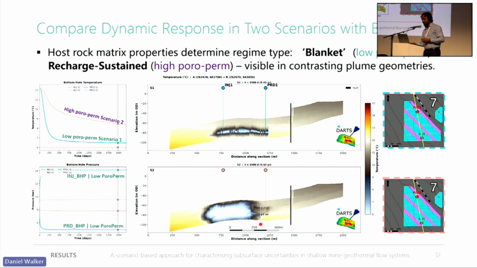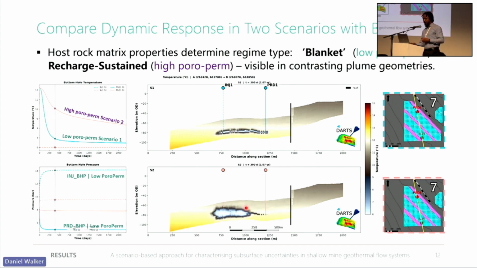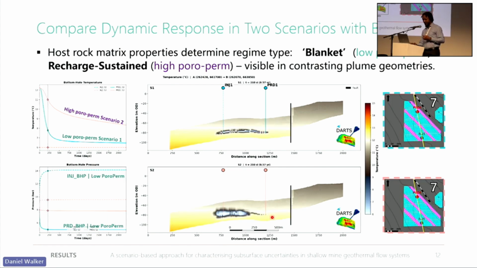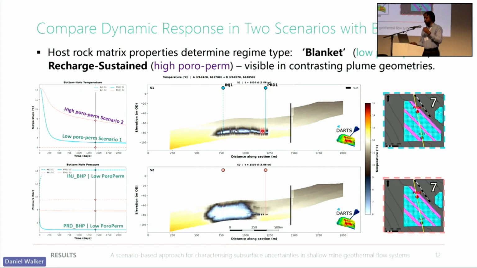And what we see in the lower image here, the scenario 2 high host rock, is that you have a mixture of advective heat transport and conductive recharge, right? And you have delayed thermal breakthrough at the producer here, compared to the low host rock scenario, right? So this kind of gives us an idea of how the thermal plume is propagating, and this is all predictive.